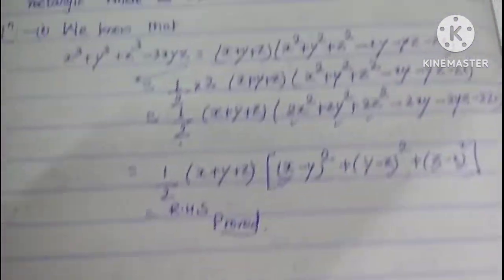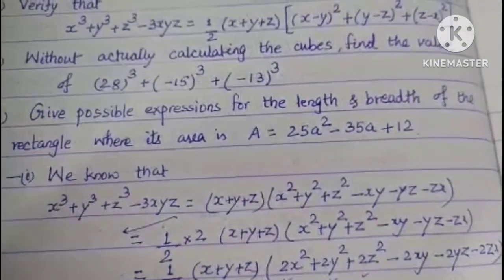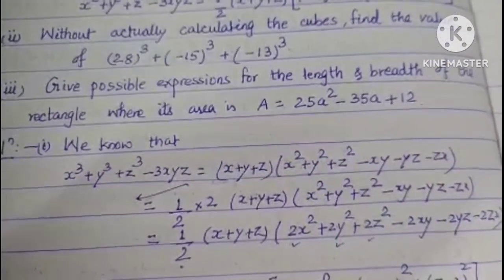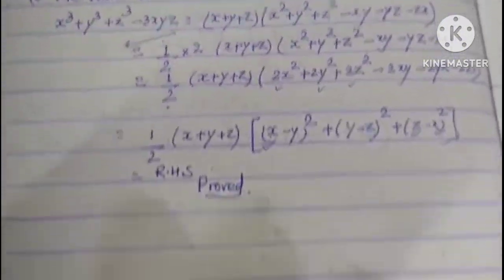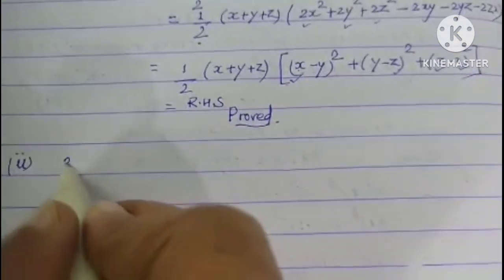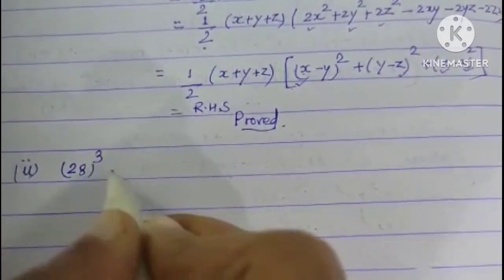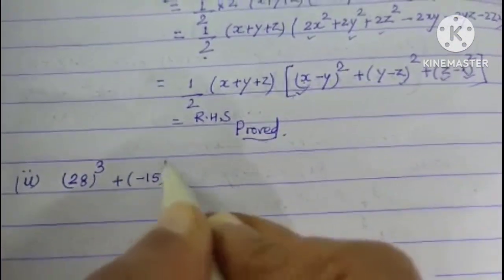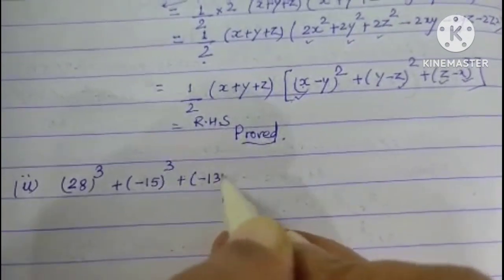Second one is, without actually calculating the cubes, find the value of this one: 28 cube plus minus 15 cube plus minus 13 cube.